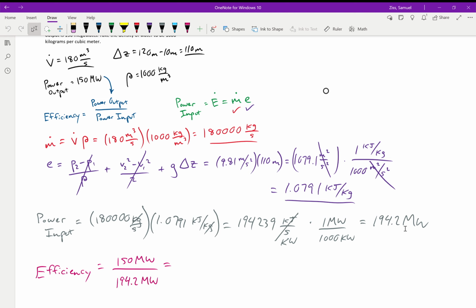This calculation is going to get us a decimal value of 0.772. I'll convert it to a percentage by multiplying it by 100, giving us a final answer of 77.2% efficiency for this turbine.